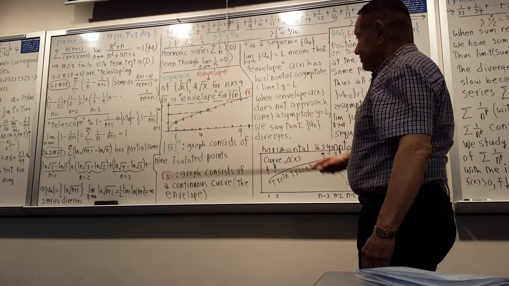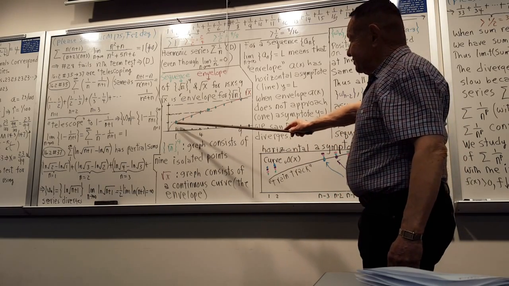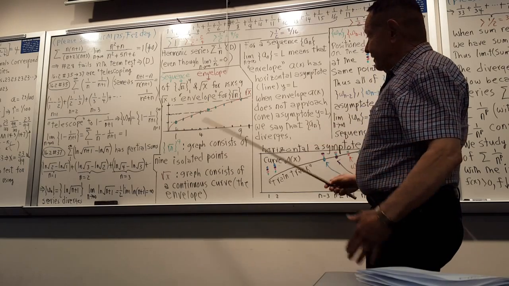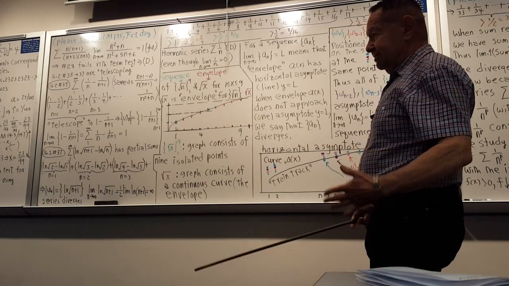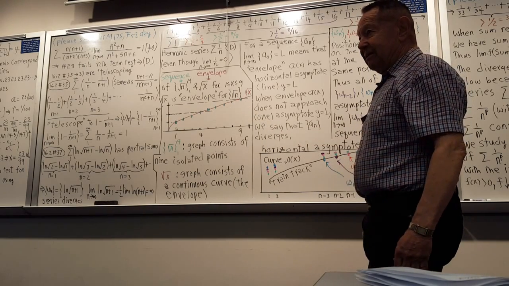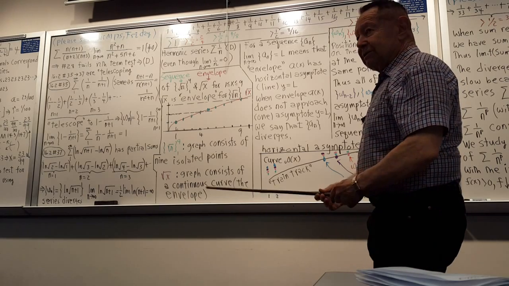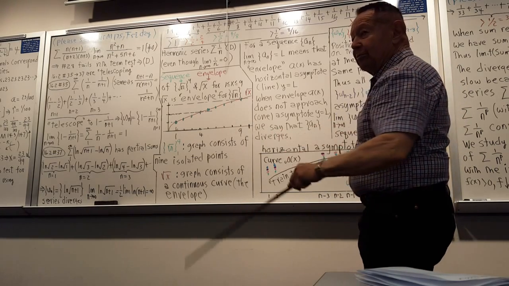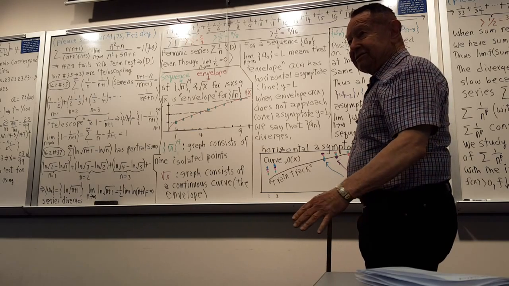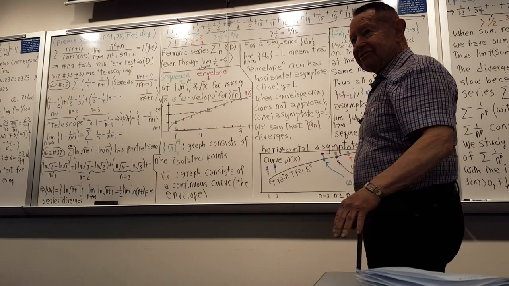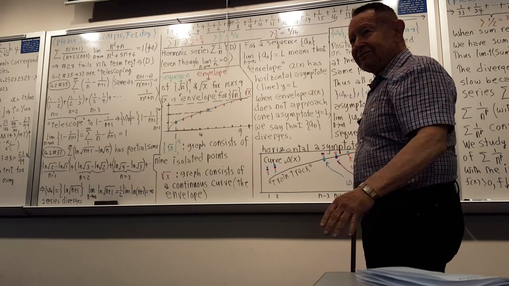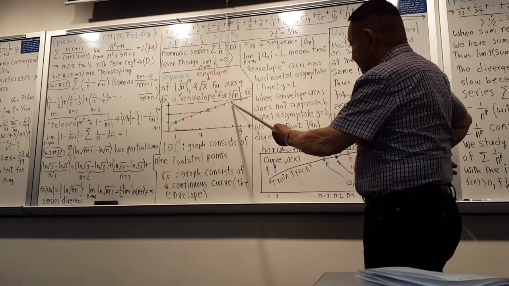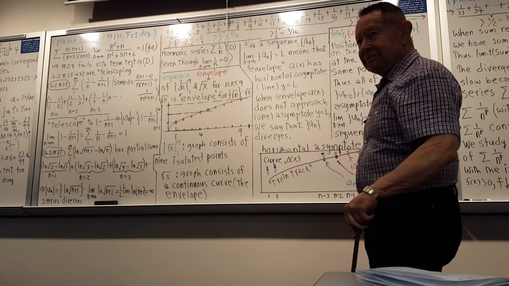Okay, so that means that whatever you'd mean by a limit of a sequence, say as n becomes infinite, is what you'd mean by the limit of the envelope curve, because just as the train goes where the track goes, so the sequence goes where the envelope goes.